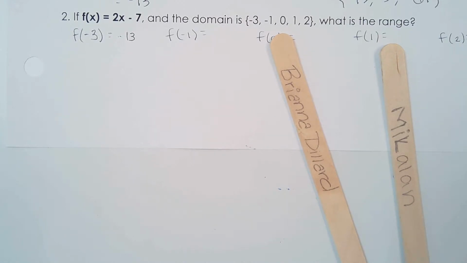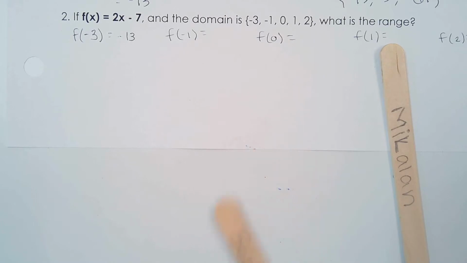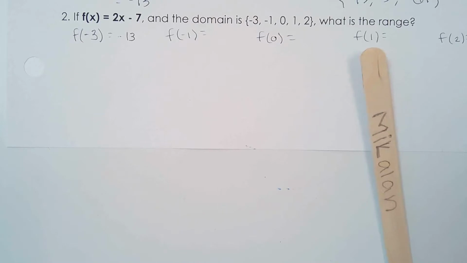If you got something else, you're wrong. For F of 0, Brianna, what did we get? -7. Y'all agree or disagree? Good. For F of 1, Michaela, what did we get? -5. Y'all agree or disagree? Agree. Good. She's right. And then for Zach, the last one, F of 2. Negative 3. Are we good? Questions on any of that?